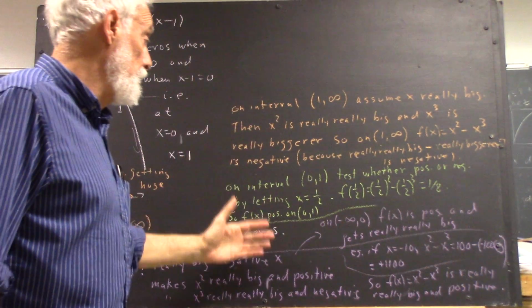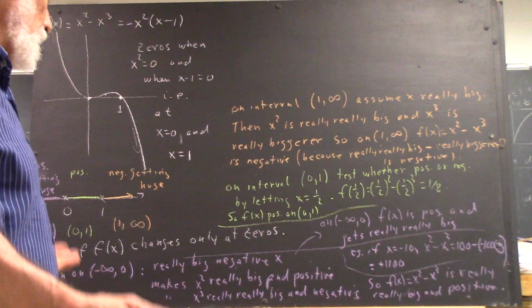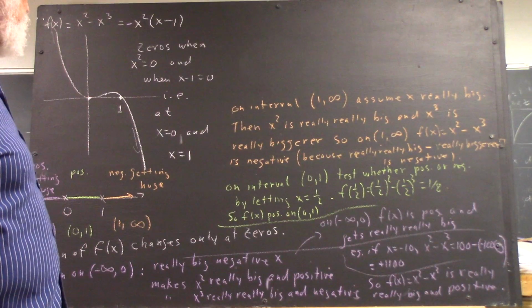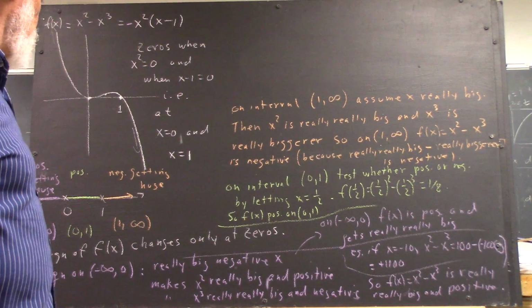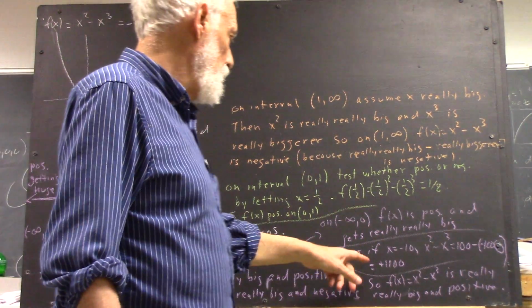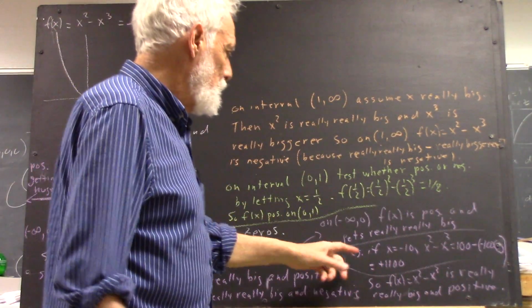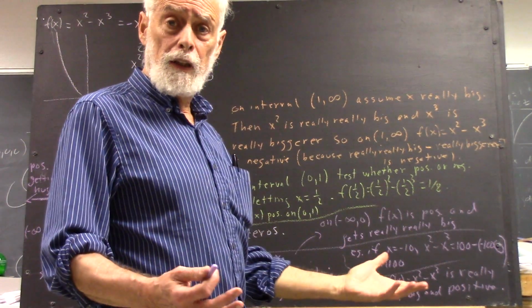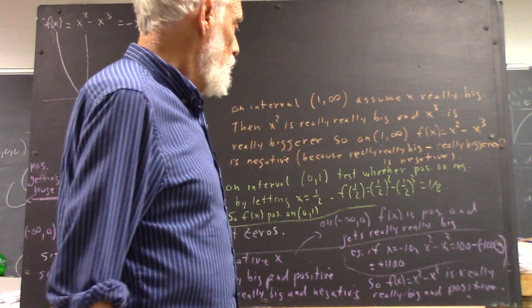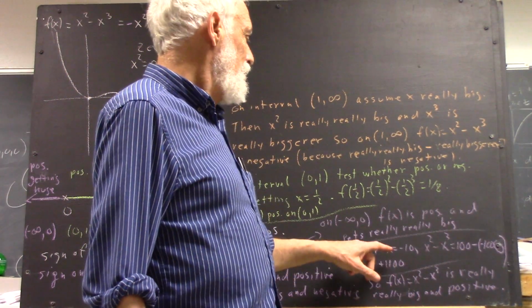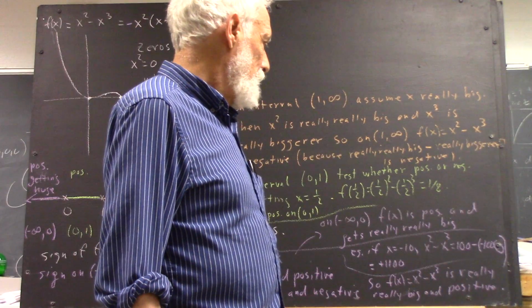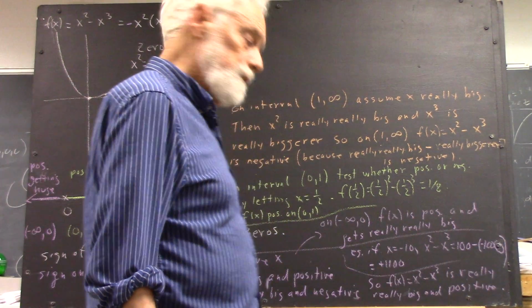And here are more details, more words that say the same thing that I've been saying, and there's a little more difference. We talk about a huge negative number. Well, what if x is negative 10? That's not all that huge. It's a negative number. Well, x squared minus x cubed, x squared would be 100. X cubed would be negative 1,000.